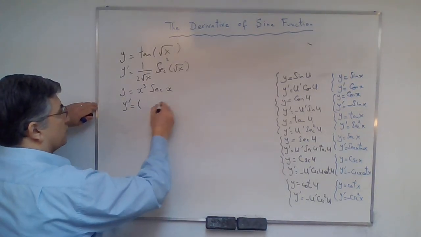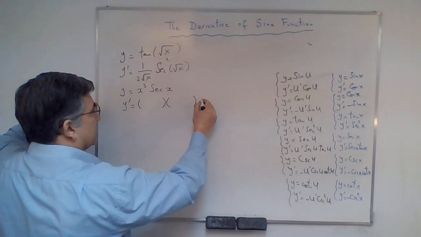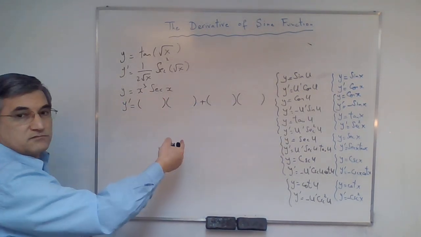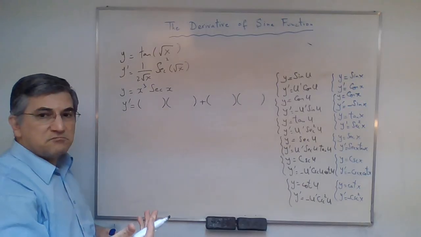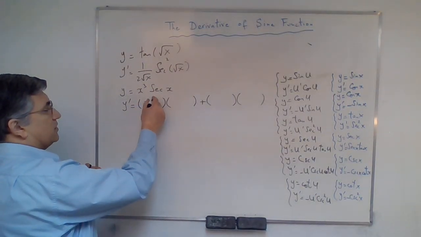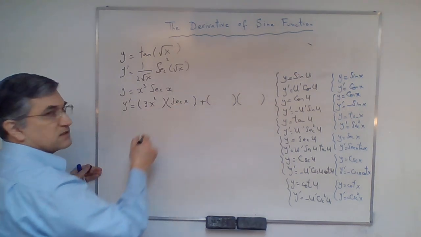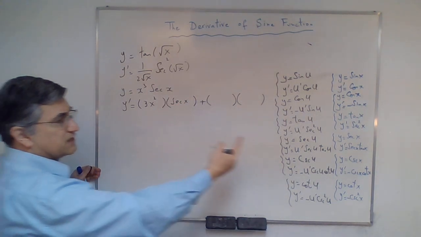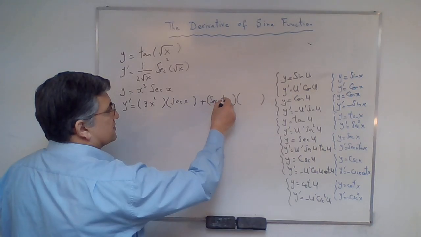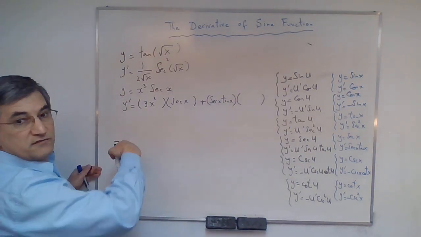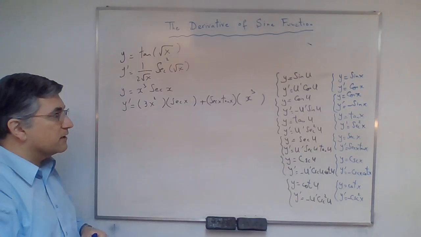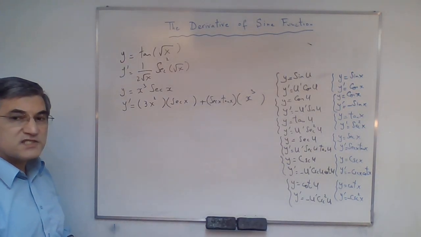Derivative of first times second plus derivative of second times first. Very simple. So derivative of x cubed is 3x squared times secant of x. And derivative of second is derivative of secant, cheating from the chart. It is secant of x tan x times the first function, which is x cubed. You see? Done. Finished. As simple as that.